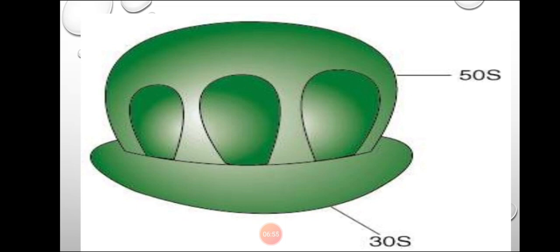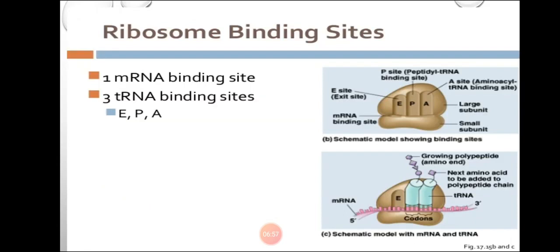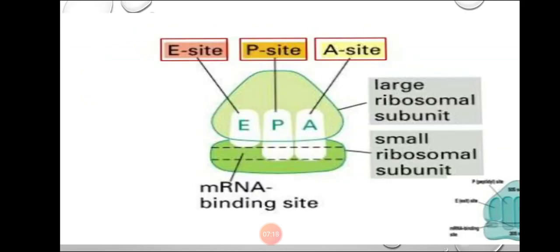Next, a ribosome has binding sites. One binding site is present for mRNA and 3 binding sites are present for tRNA. Those 3 sites are the P site, A site and E site.